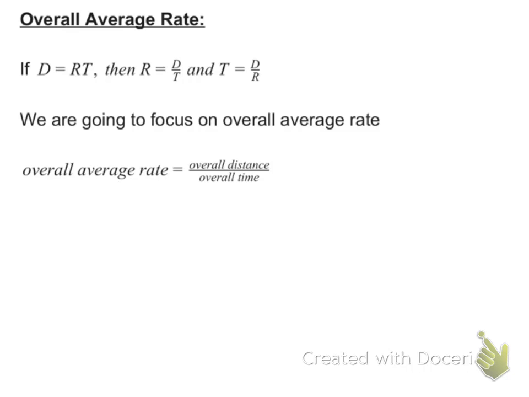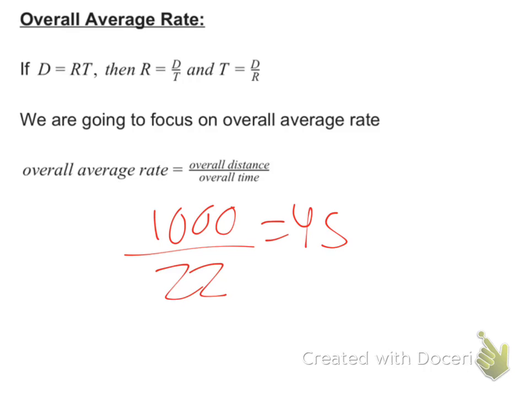That makes sense. If I was taking a trip from here to Florida, I have it on the board over there. I said, hey, what if that was 1,000 miles? And I completed that trip in 22 hours. That's miles per hour then. If I take my calculator out, it's 45.45 miles per hour.